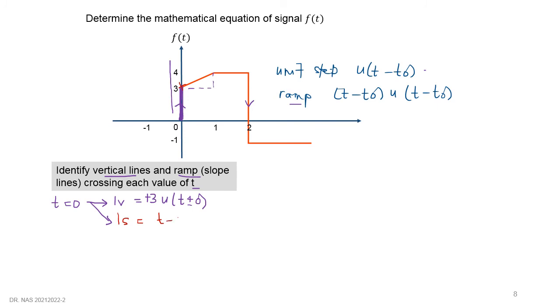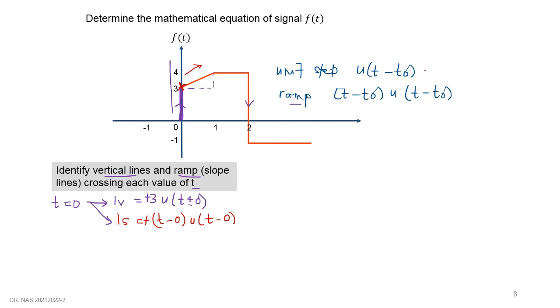In this case, your t naught is 0. How about the direction? From this point the direction is going upward, so it's positive.